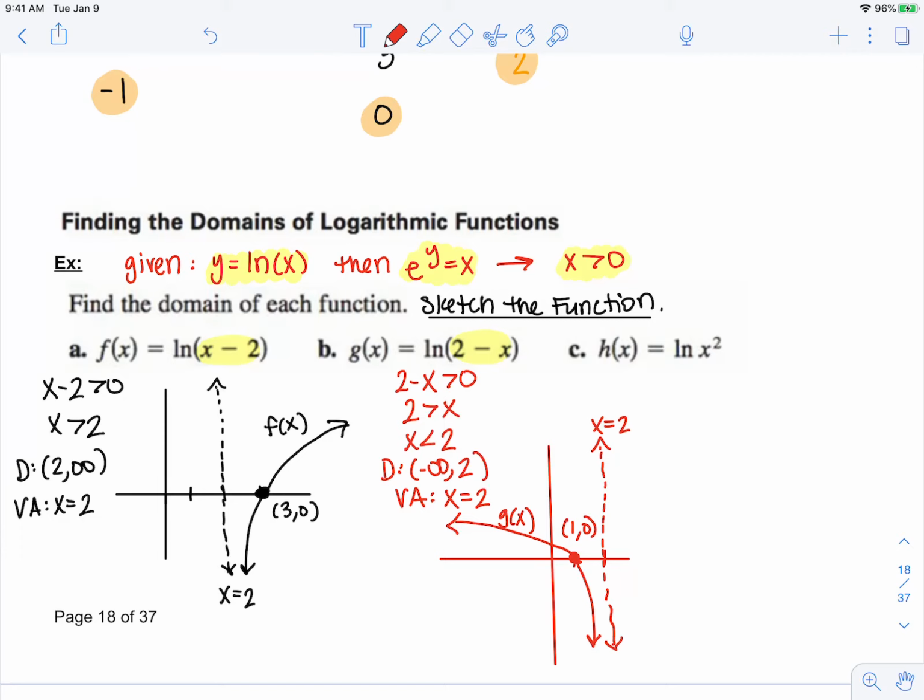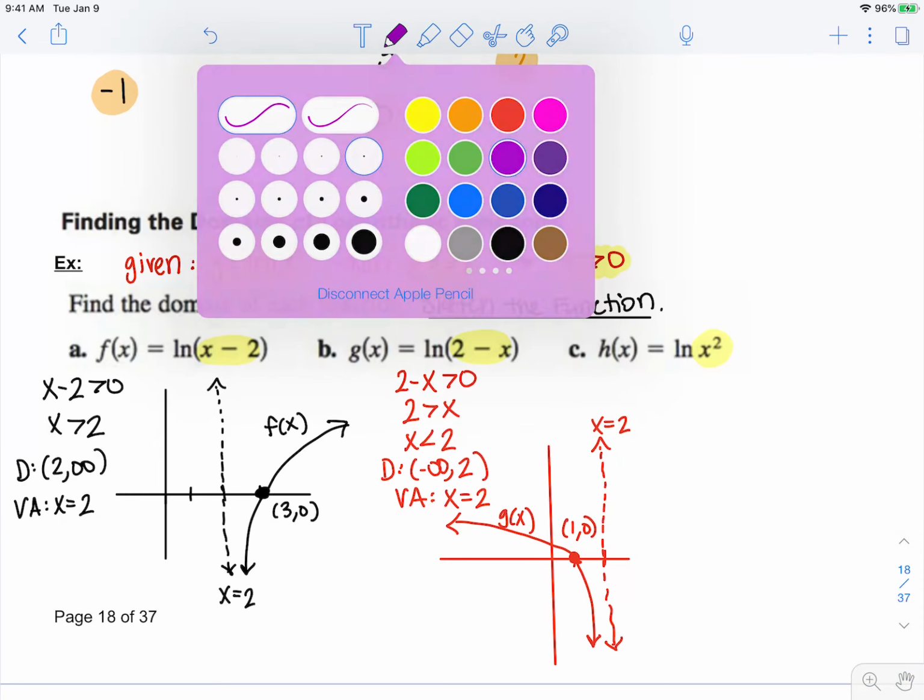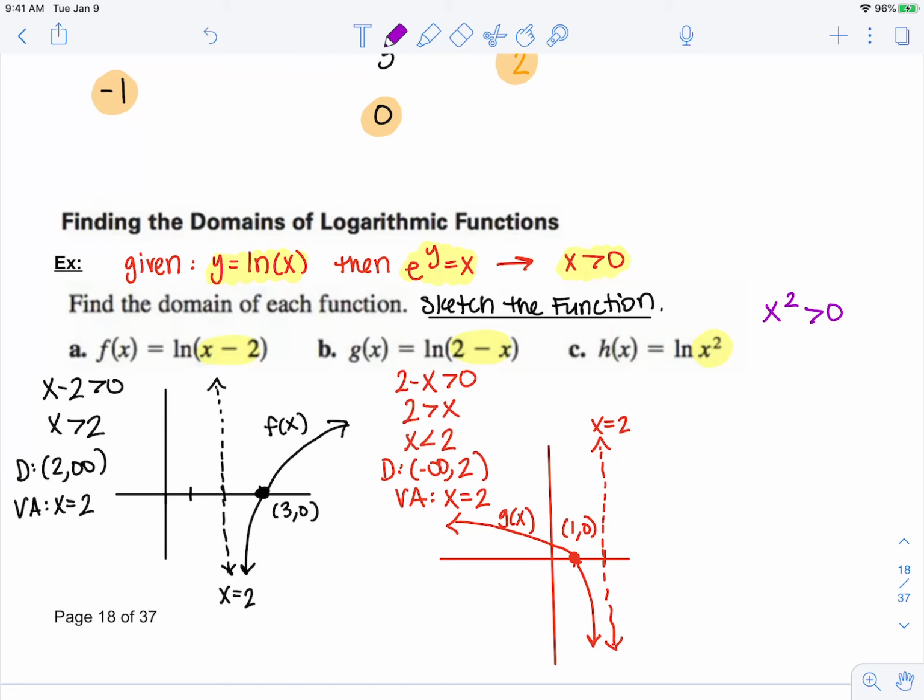Great. So now in part C, we have x squared inside of my natural log. So I know that x squared is greater than 0. And that is true as long as x does not equal 0. So that means that my domain is negative infinity to 0, union 0 to infinity.